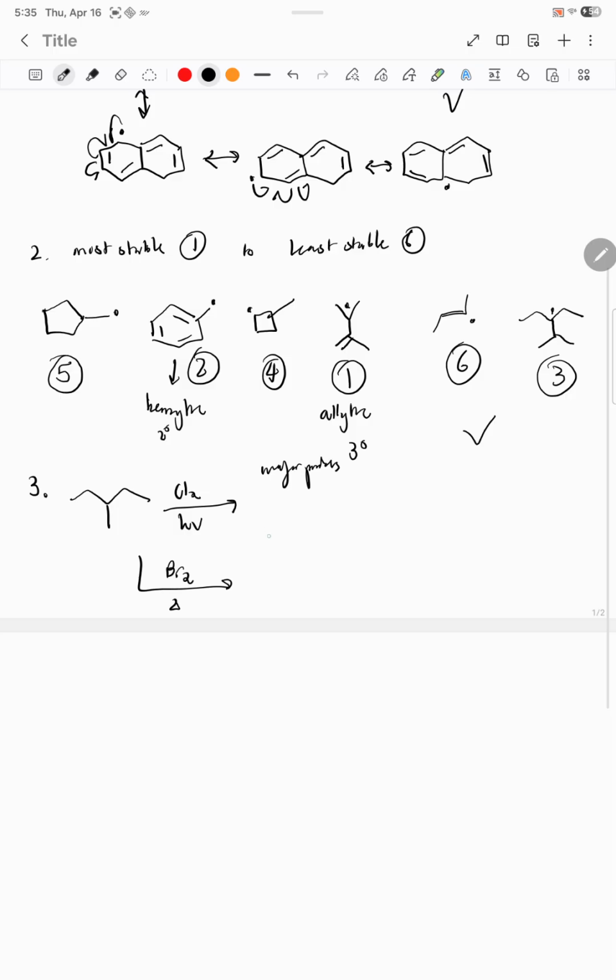Well, Br2 we said is more endothermic, so it would favor likely this position. Chlorination under light is not so selective, so you'll get this plus this, and also this. Let's check our answers.